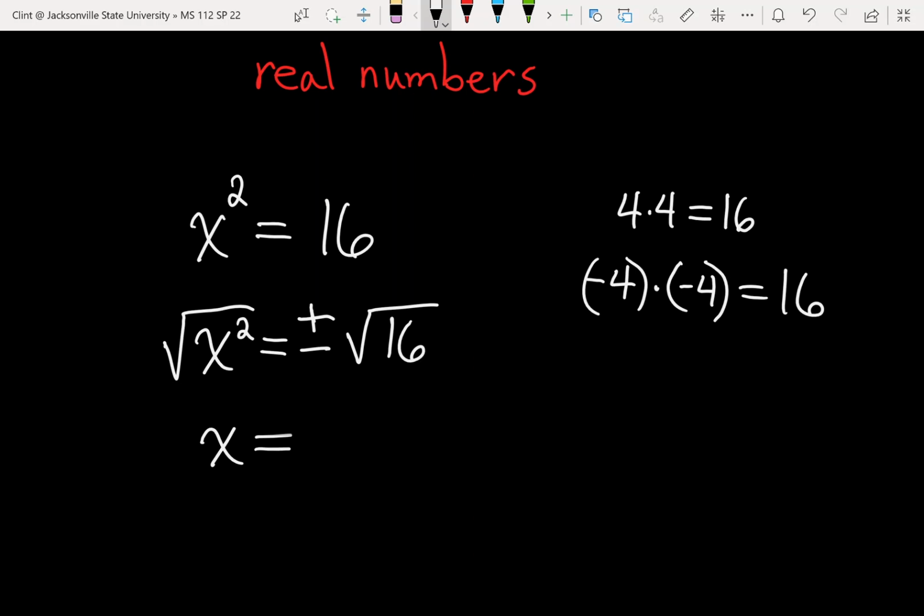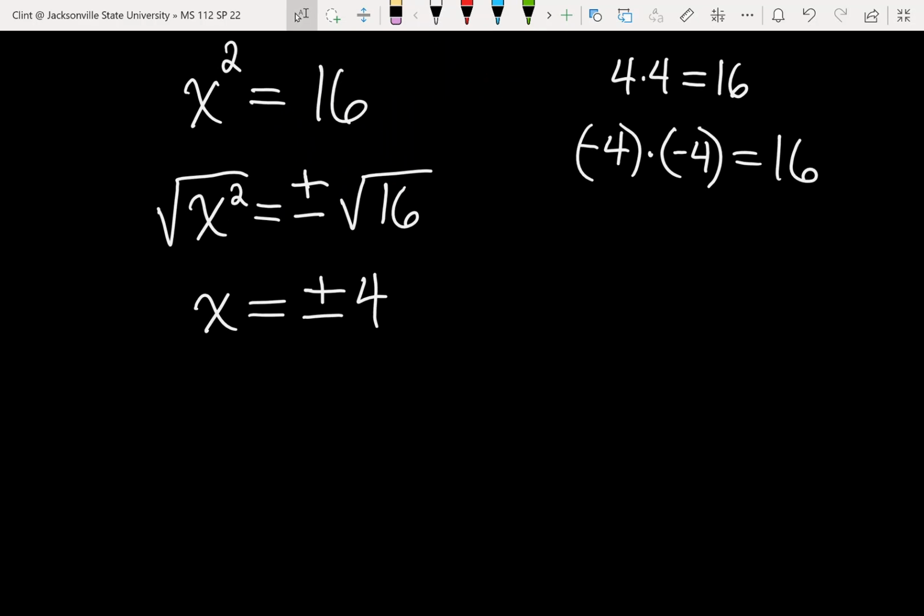On the right, square root of 16 is 4, so we get plus and minus 4. And so that's an abbreviated notation. What that means is that we get 2 solutions. One, we get x equals 4. The other, we get x equals -4. That was kind of squiggly.